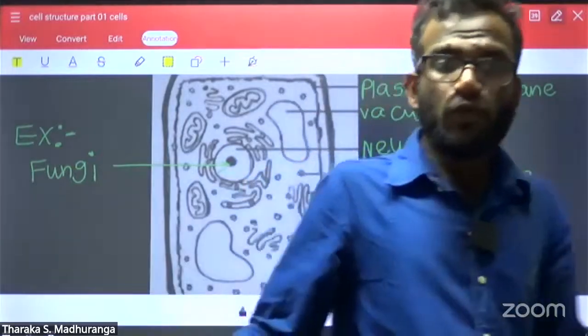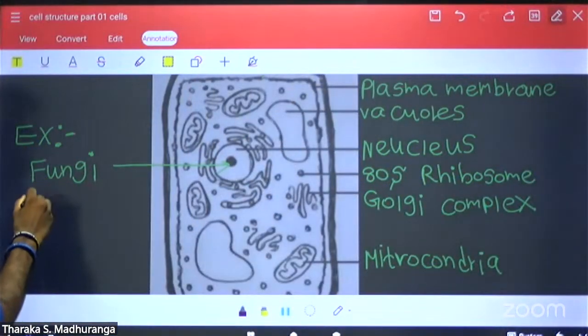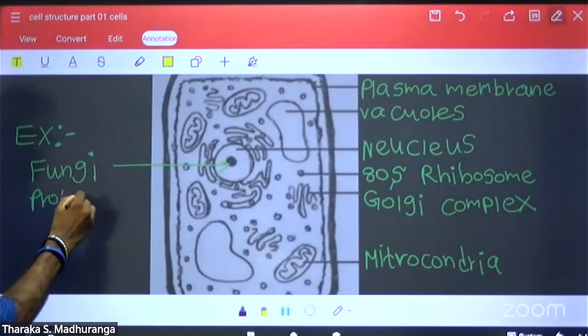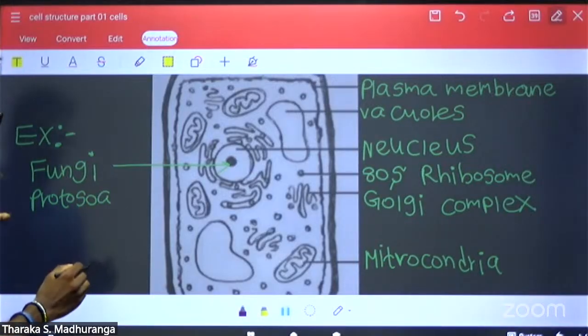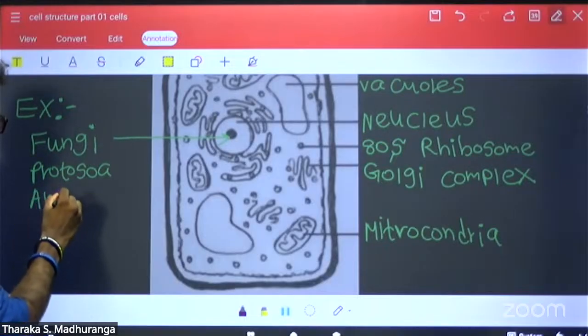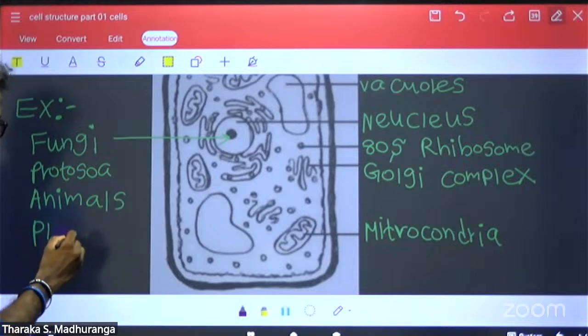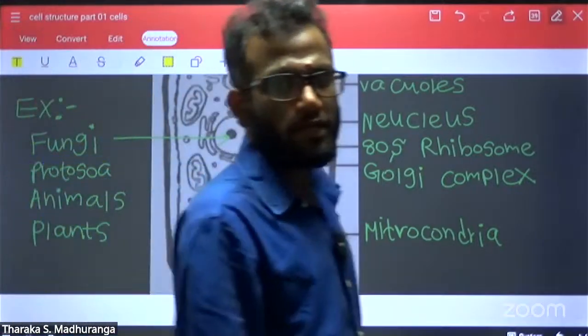And animals and plants all have eukaryotic cell structure.